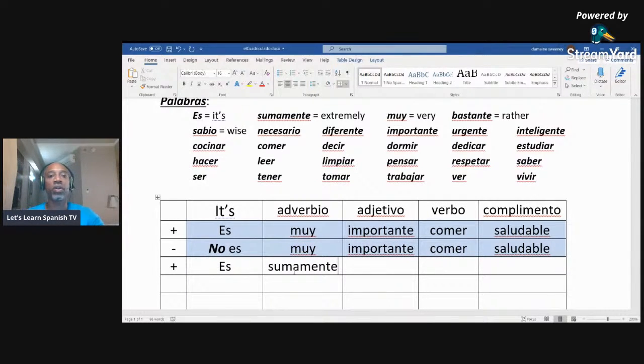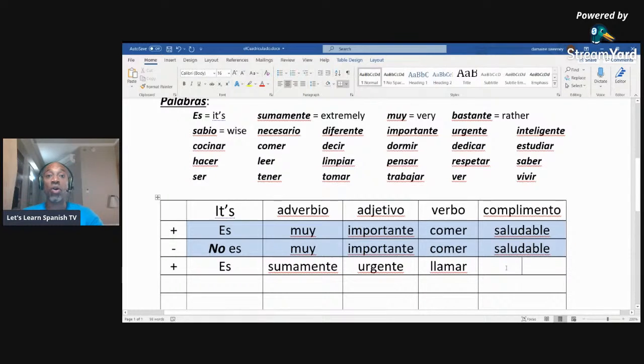All right. Now, an adjective. Let's see. Urgente. Okay, let's choose a verb now. I'll go with llamar.